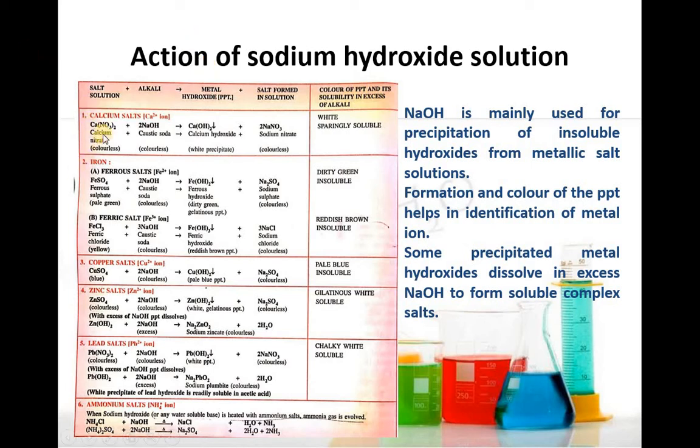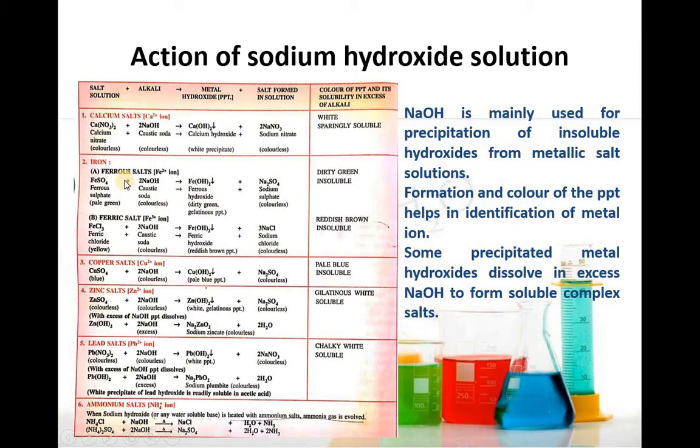Now you can see here calcium salt, when it reacts with caustic soda, it gives the calcium hydroxide precipitate, which is white precipitate, and you know this is the representative element group. So this is white, and in excess alkali, that is in excess sodium hydroxide, this is sparingly soluble.